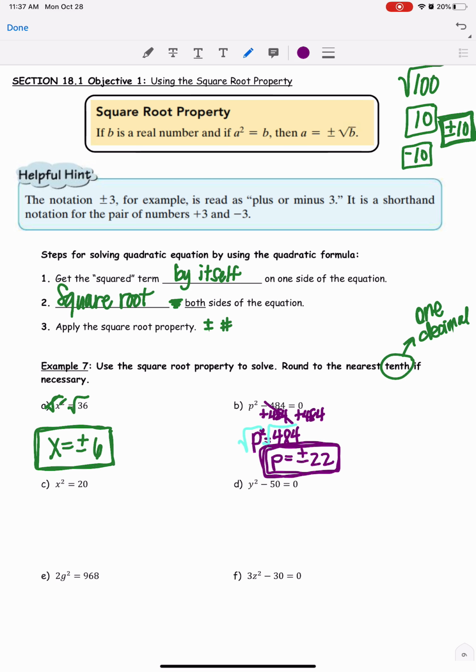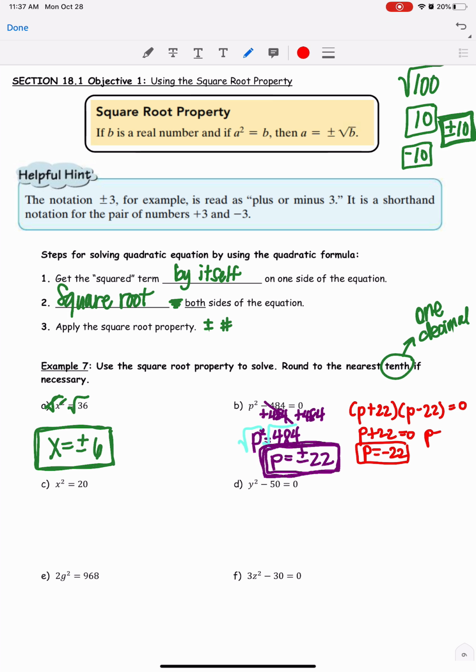Now, we solved these differently in the past. When we learned factoring, we just factored this to p plus 22, p minus 22 equals 0. And then when we did p plus 22 equals 0, subtract your 22 over to get p equals negative 22.